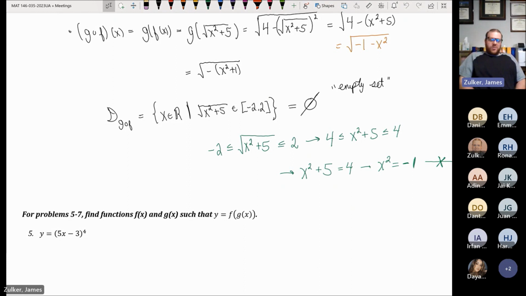Okay. Last type of problem we're going to look at is given a function, we want to break it down into two functions so we can write it as a composition, f of g. Now, this is very, very important in calculus.